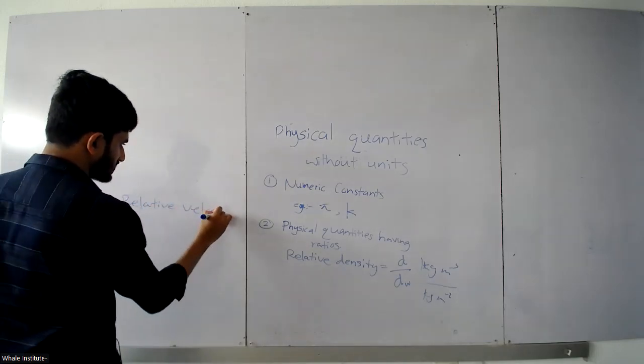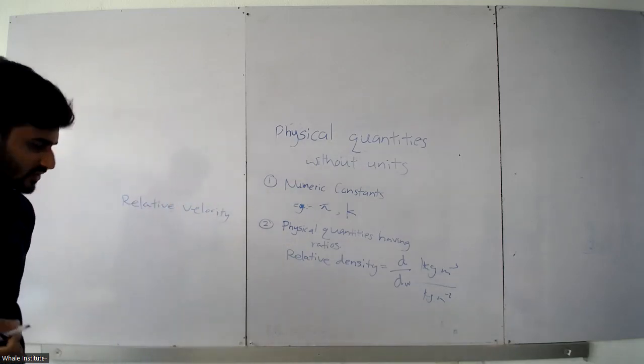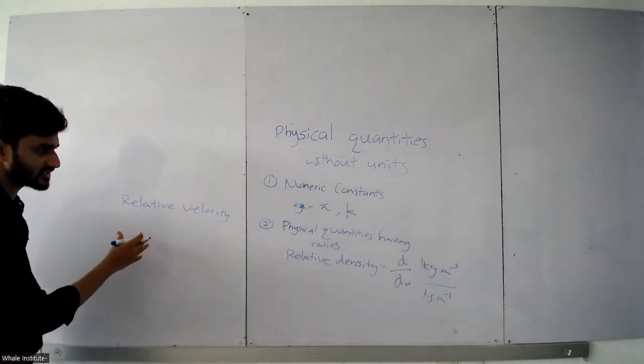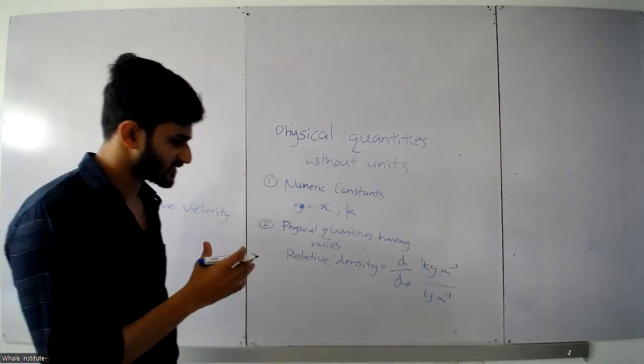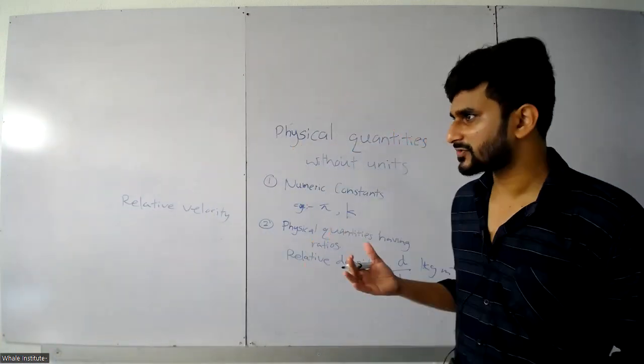Relative velocity has units, because in relative velocity we are not getting a ratio but a difference between two velocities.